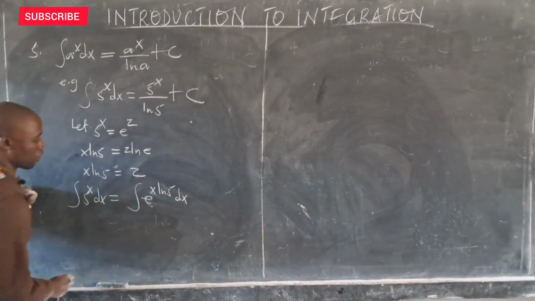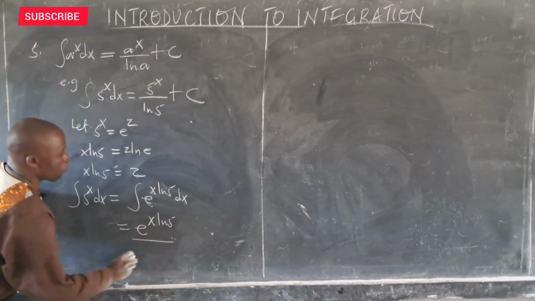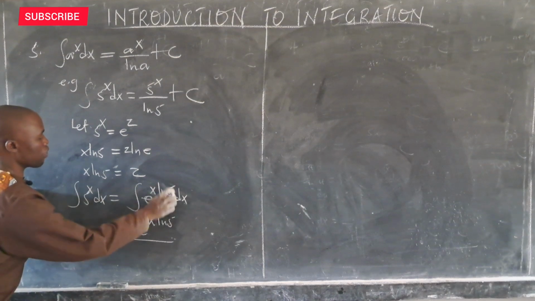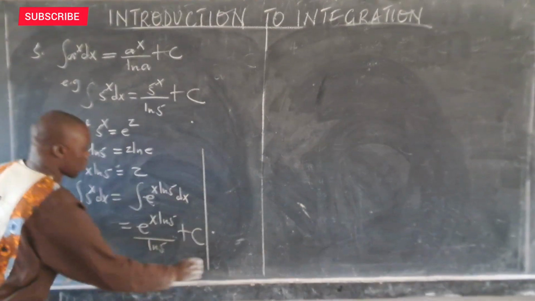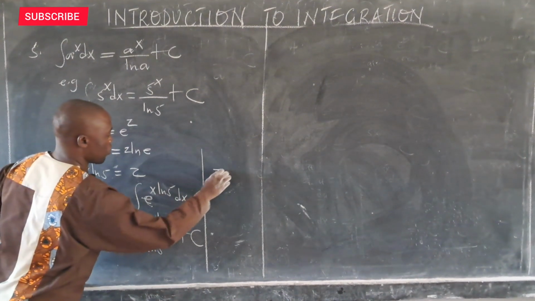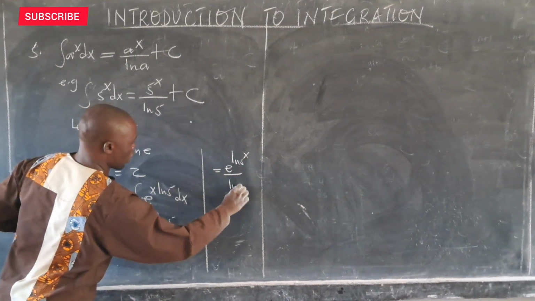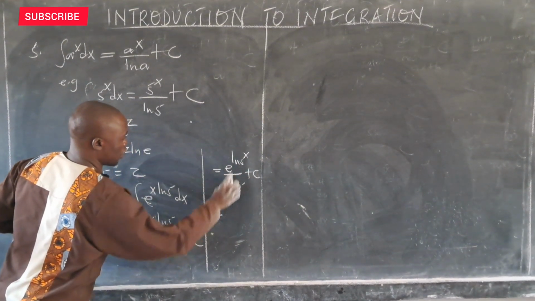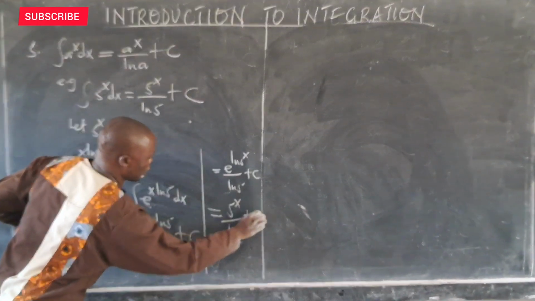So integrating this, we said write the same function, then divide by the derivative of the power. If you differentiate this, you get ln 5 plus c. You can further bring this up, so this becomes e to the power ln 5 to the power x out of ln 5 plus c. So this leaves us with 5 to the power x out of ln 5 plus c.